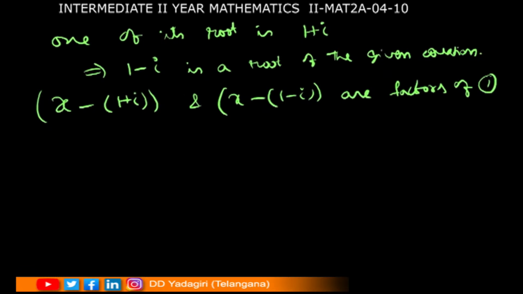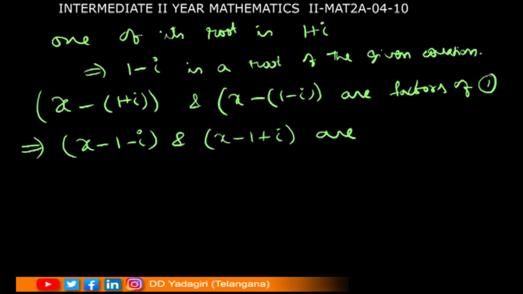The equation 1. This implies x minus 1 minus i and x minus 1 plus i are factors of equation 1. What does this imply? The product is also a factor, is it not?